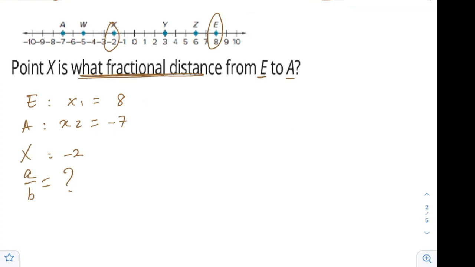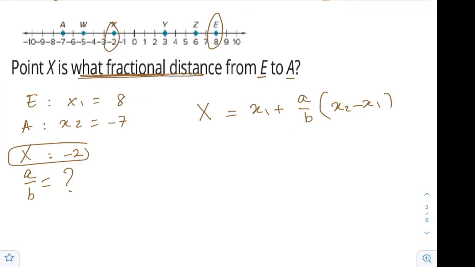Let's apply the formula that we know. So we have X is the result, equal to x1 plus A over B, x2 minus x1. X in our case is -2, x1 in our case 8 plus A over B, which is unknown, x2 minus x1, I'm replacing.